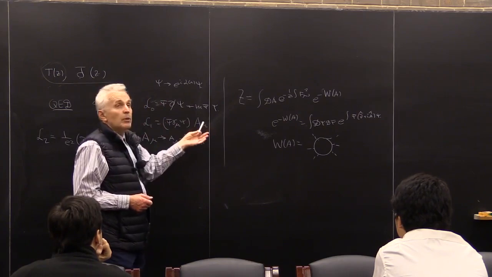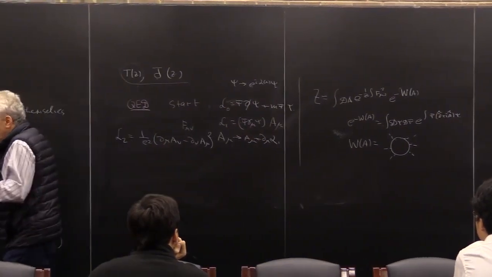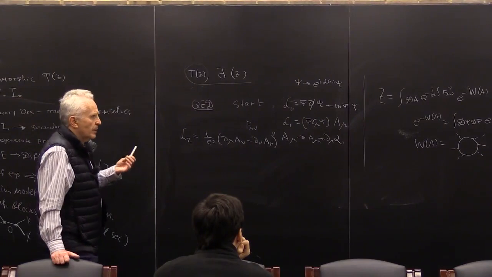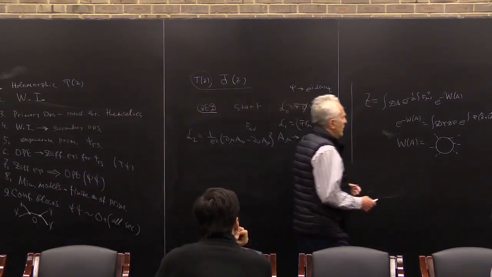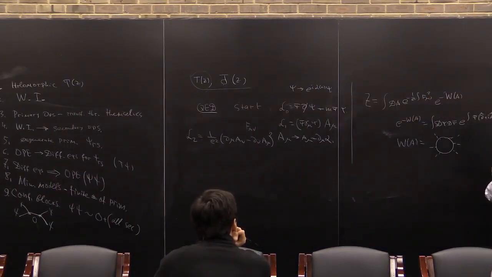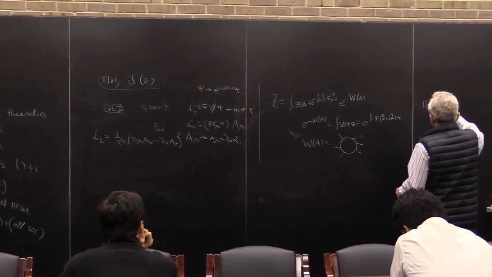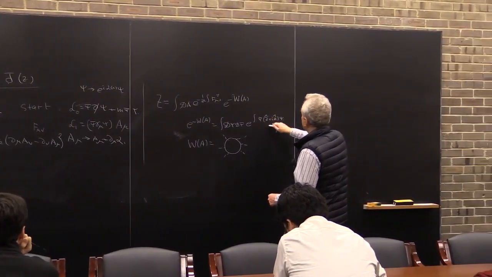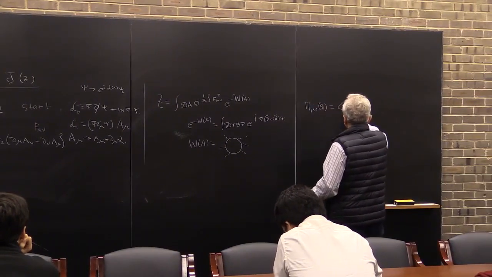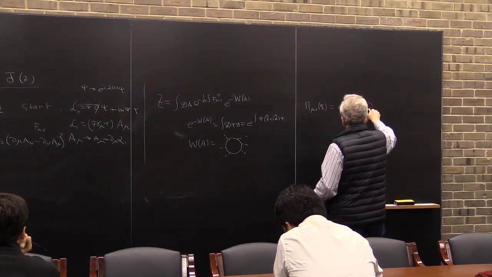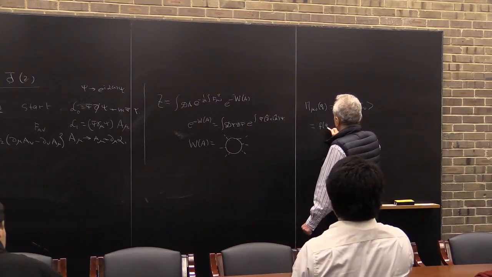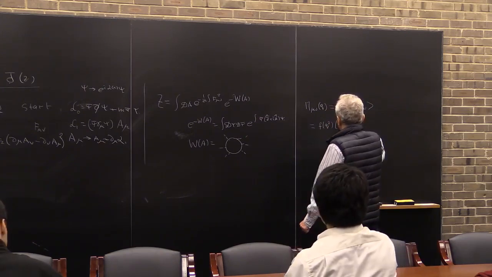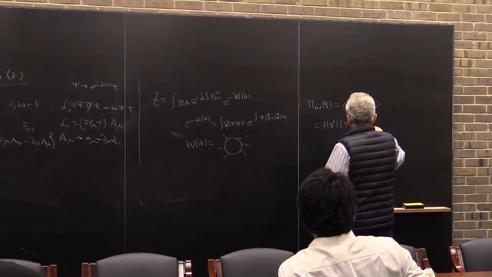And this W of A basically gives the vacuum permeability and dielectric constant and so on. In particular, an important object is the polarization operator. If we start expanding in A, it is the correlation function of two J's. And it must have the form f of q squared times (q squared delta mu nu minus q mu q nu).